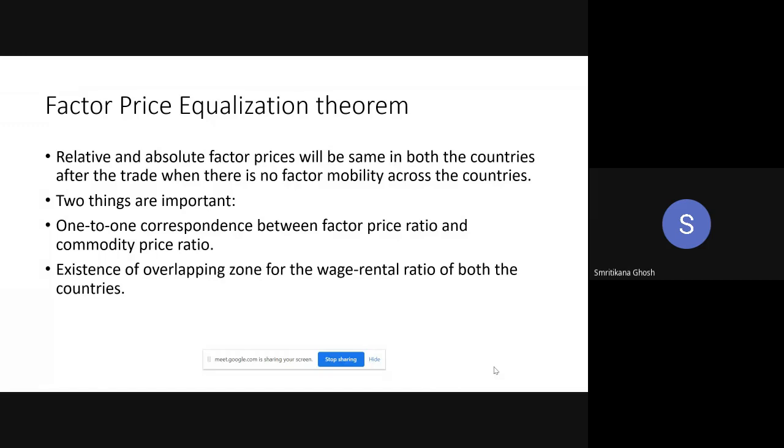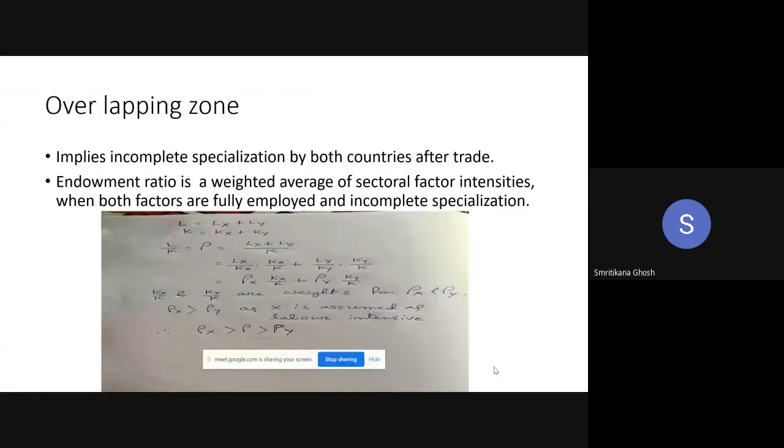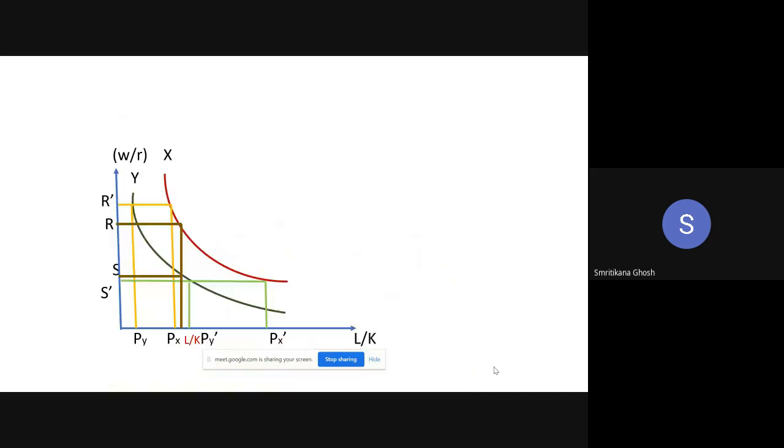Then the factor price equalization we are discussing, right? And for this, now we are in the overlapping zone discussion. This part I have discussed already in the last class. Tell me your problem from my discussion and then I will start the new one. If you have any problem up to this point, you can ask now.